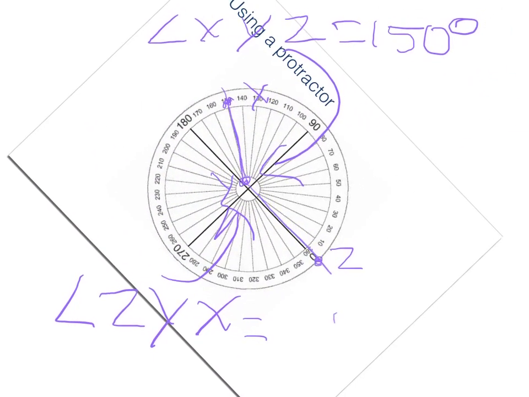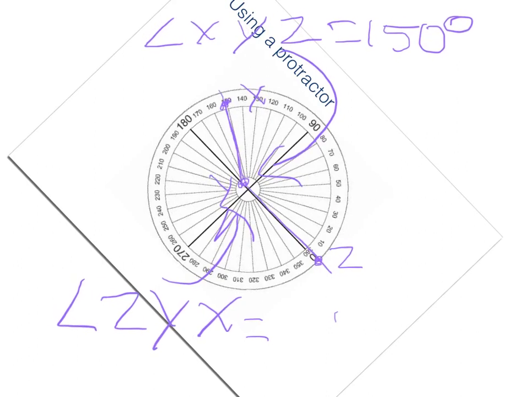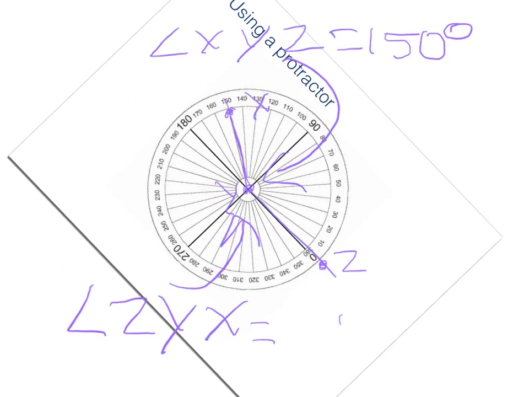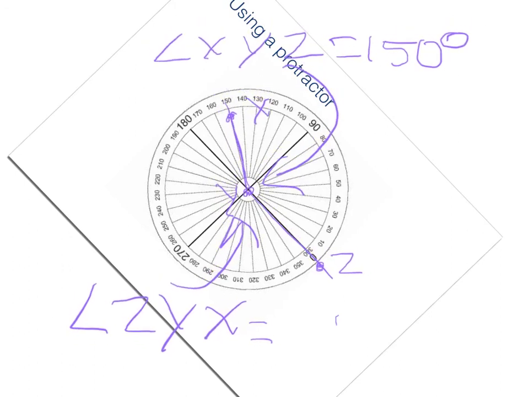If I know that a circle has 360 degrees, and I don't have another 0, I'm just counting up by tens from 100. I'm going this direction, from here around to here, counting up by tens up to 360.